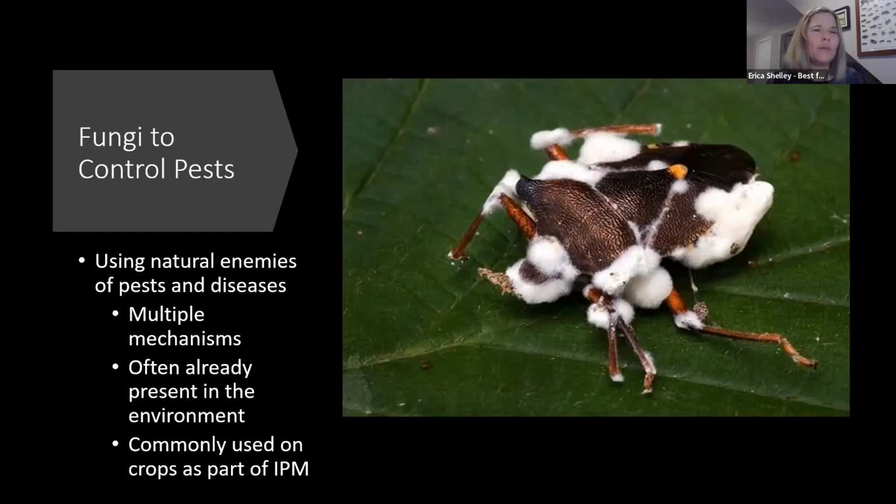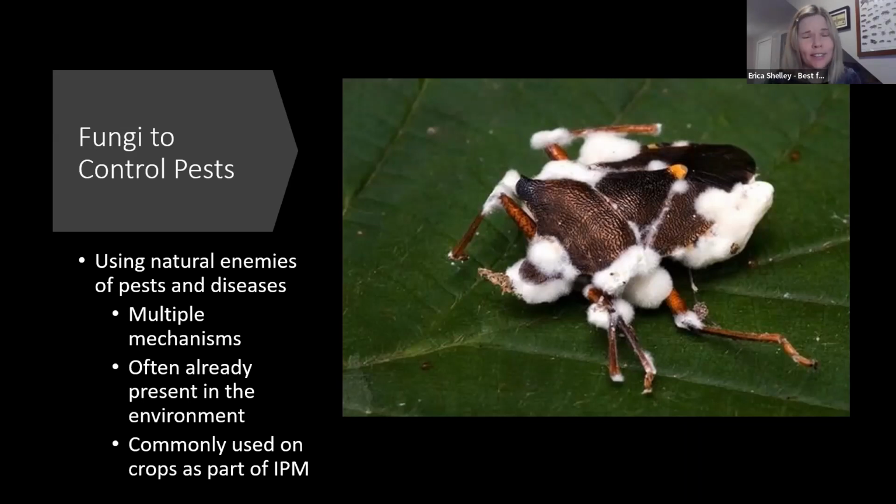And the nice thing about these fungi is that they're already present in pretty much all of North America. You'll find these two fungi growing in the ground, waiting for ground pests, dirt pests to grow on as their substrates.